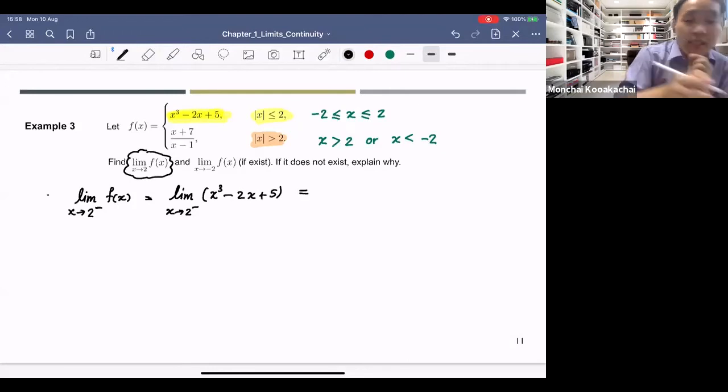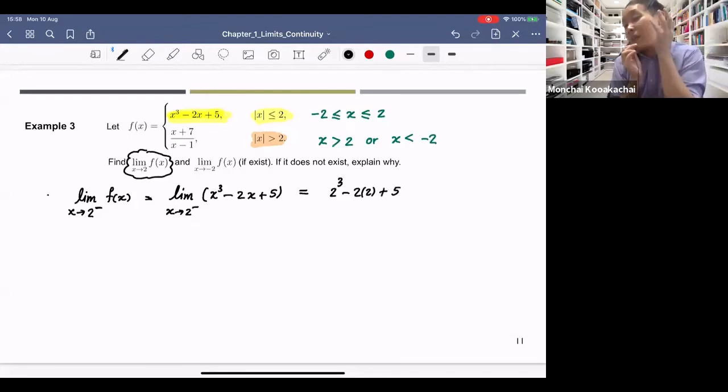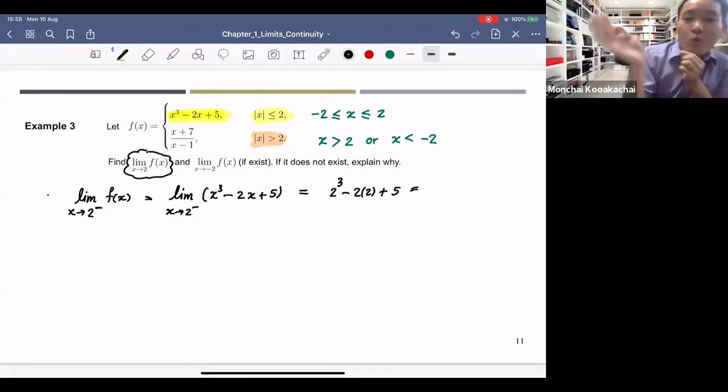And by using the limit law, you don't plug in x equal to 2, but you get 2 cubed minus 2 times 2 plus 5. The final answer is the same as if you plug in, but we just wave our hand and say you don't need to show that.